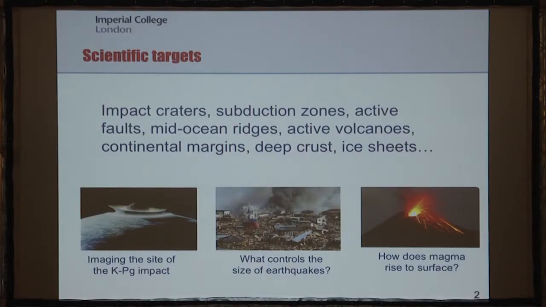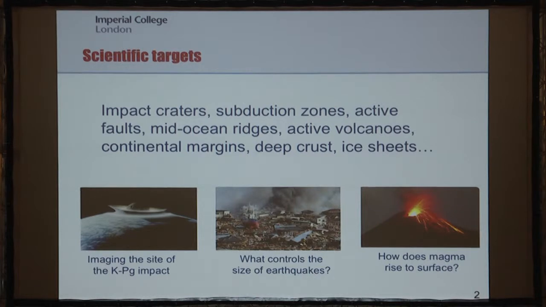So to set the scene, there are lots of potential scientific targets that FWI might address. Some of them are listed here, some of them are shown as pictures. The sorts of things we're interested in are understanding impact craters, understanding subduction zones, understanding active faults on a whole variety of scales, understanding plate boundaries like mid-ocean ridges, understanding the details of active volcanoes, looking at large-scale structures across continental margins, looking in the deep crust, looking at smaller things like the interiors of ice sheets.